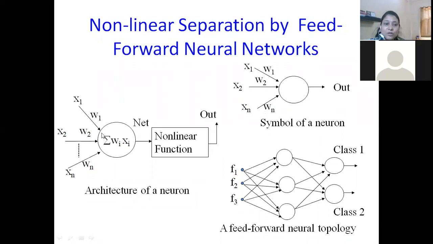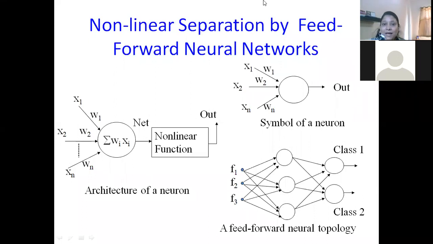Inside this net, we are going to take the summation of the product of the input pattern and its associated weights, so that we have the sum of Wixi as W1x1 plus W2x2 plus W3x3 up to Wnxn, and we are having one out. That means the output value we can see.